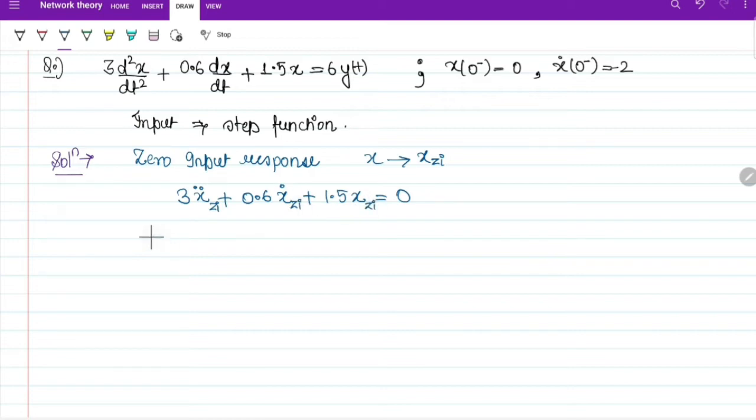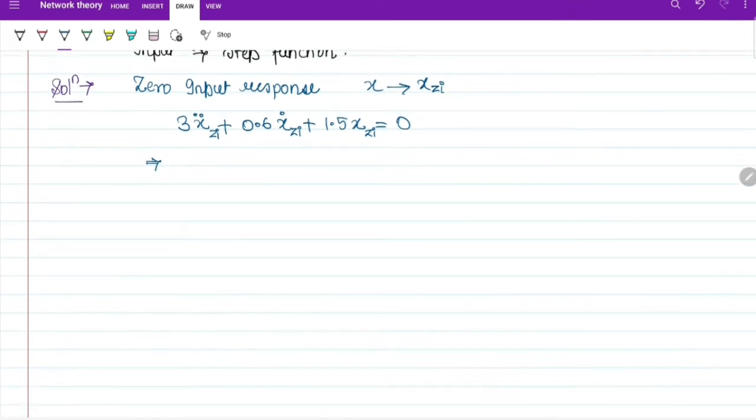Now we will take the Laplace transformation of this equation.